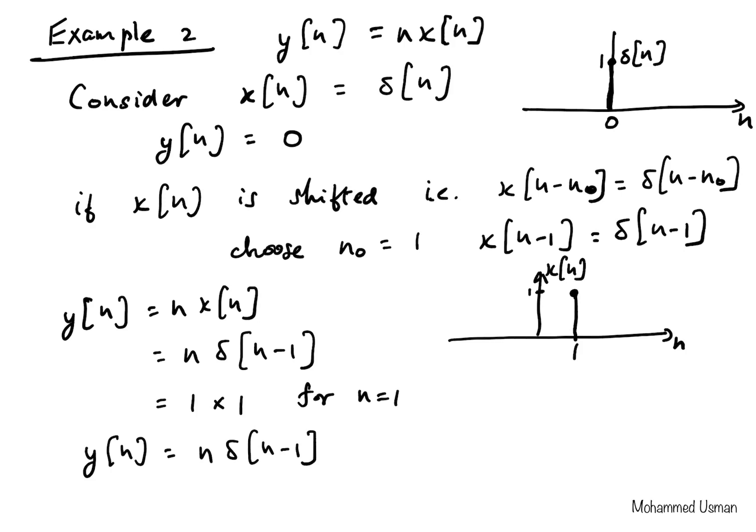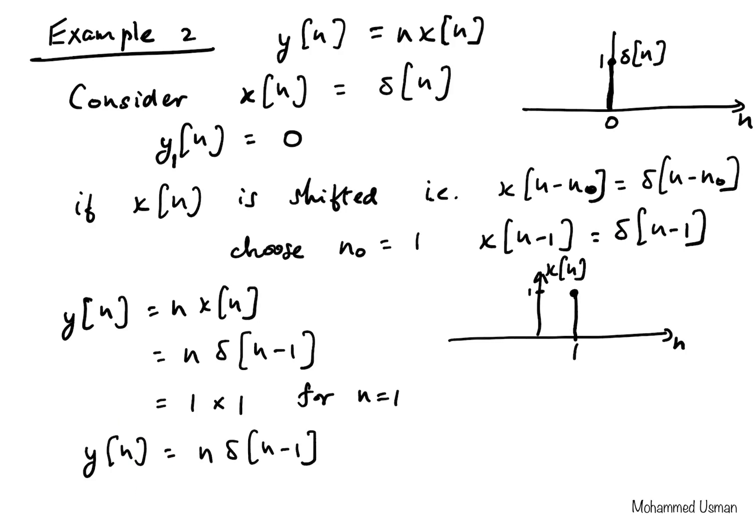Now we notice that when the input signal is an impulse delta of n, the output is 0. We'll call this first output, when it's an impulse, y1 of n. Now a shifted version of the impulse, if this impulse is shifted by 1, we get delta of n minus 1.